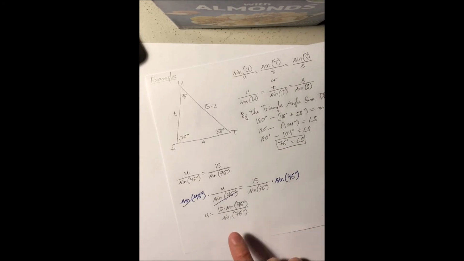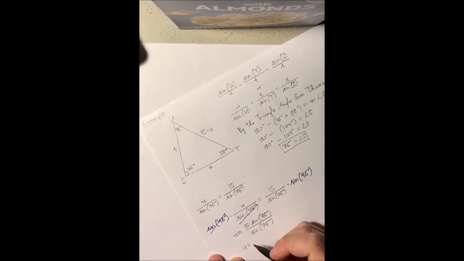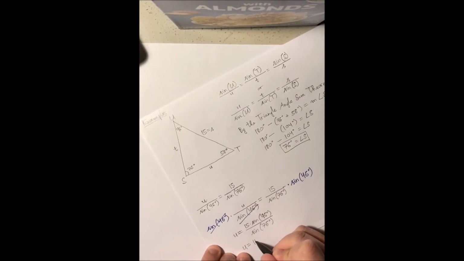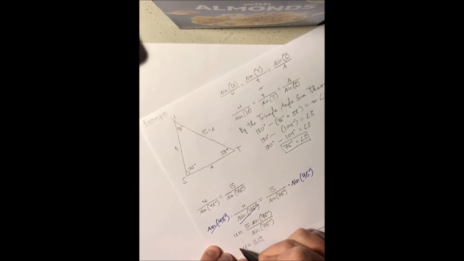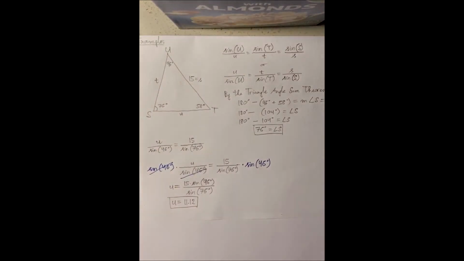Well, all you have to do at this step is type this whole expression on the right into your calculator. U equals approximately 11.12 units. Okay. So we got that.